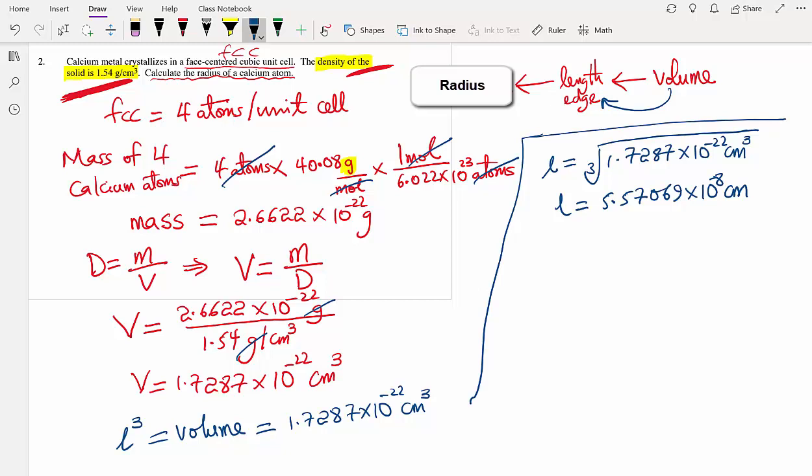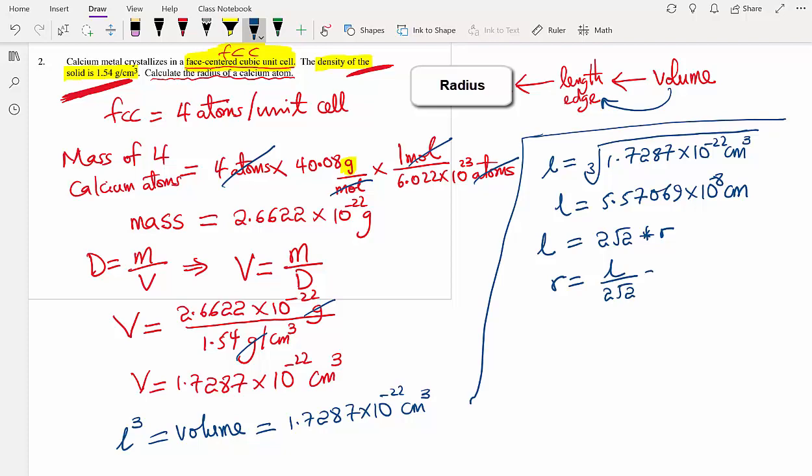But we are dealing with FCC cubic unit cell, which means that the relationship between the length of an edge of the unit cell and the radius is L equals 2 root 2 multiplied by r. If you rearrange this, r will be equal to L divided by 2 root 2.